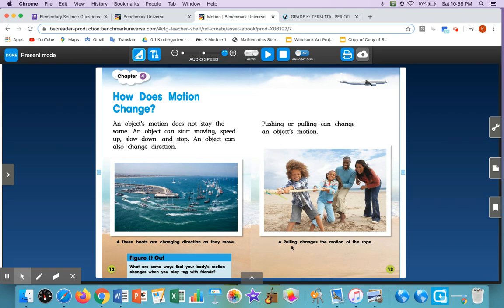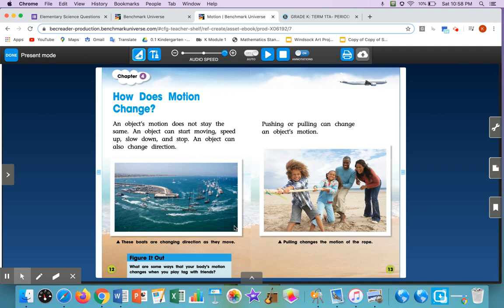Now this caption. Pulling changes the motion of the rope. They are changing the way the rope is moving. They're pulling it and they're making it move. It says, figure it out. What are some ways that your body's motion changes when you play tag with your friends? Let's close our eyes and visualize that.